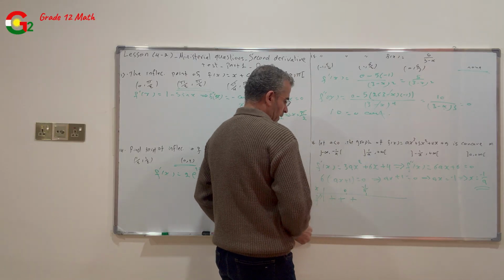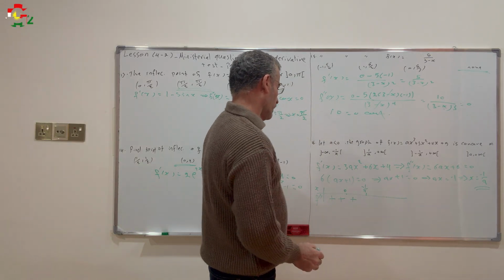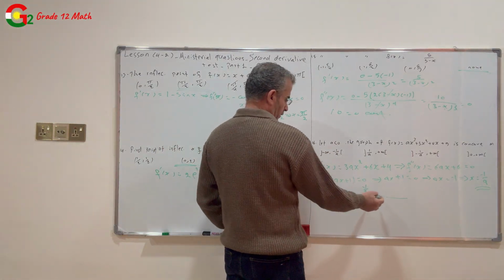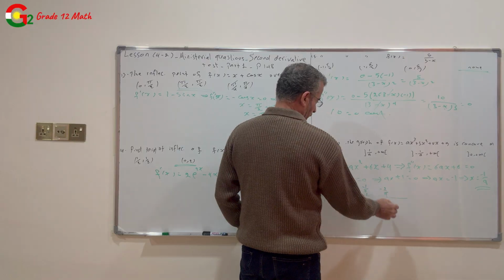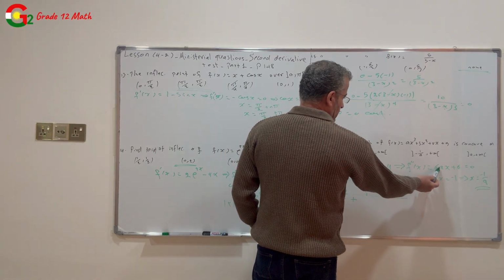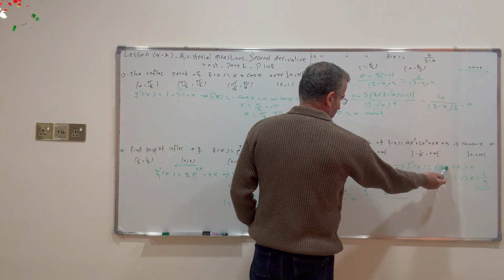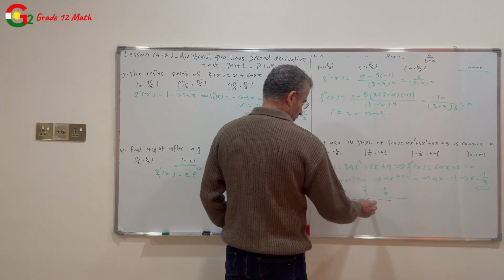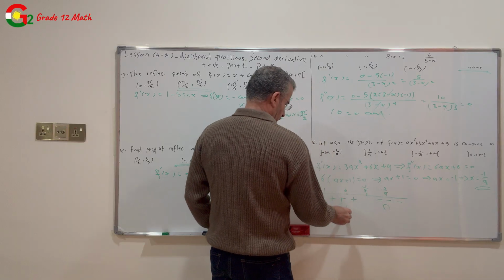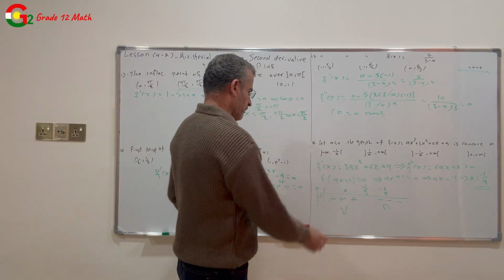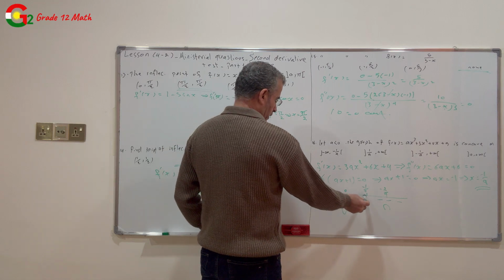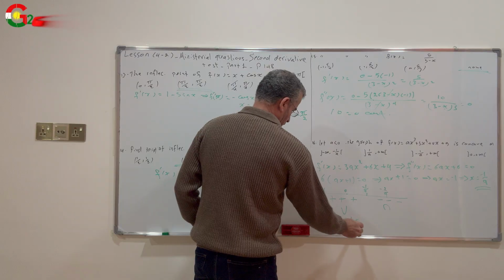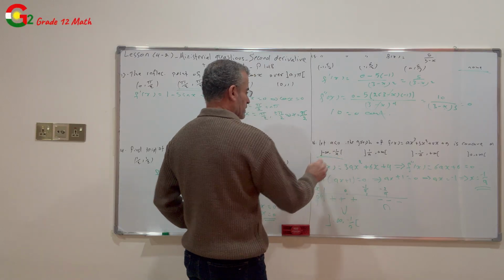Take a value greater than negative 1 over a. Take negative 2 over a. 6a times negative 2 over a, negative 12 plus 6, negative value. Therefore, the interval of concavity is from negative infinity to negative 1 over a, open interval, choice A.